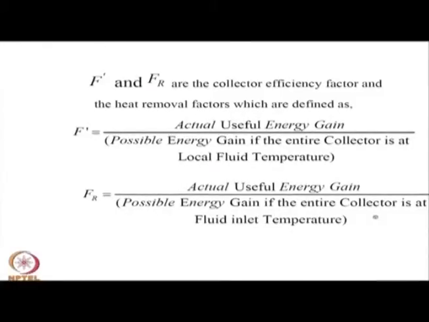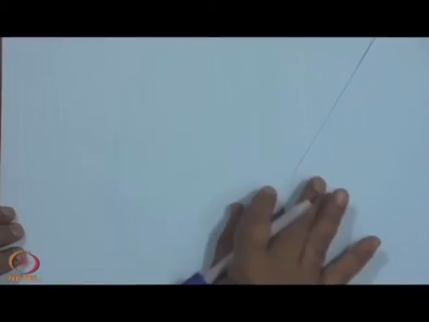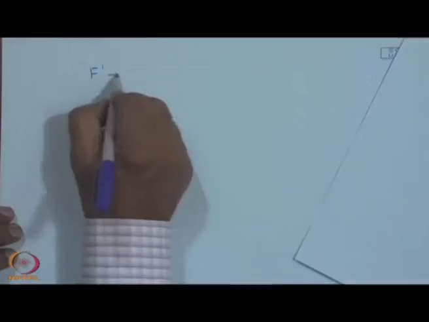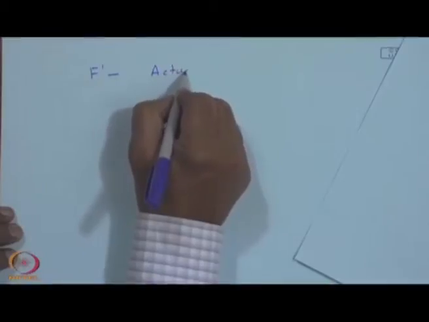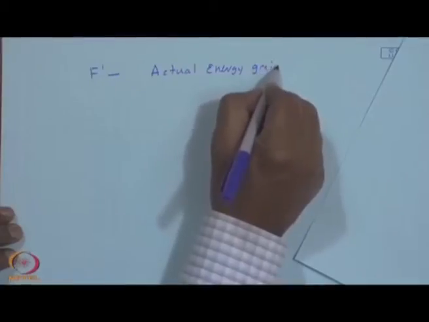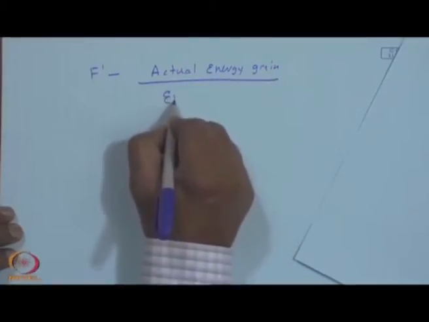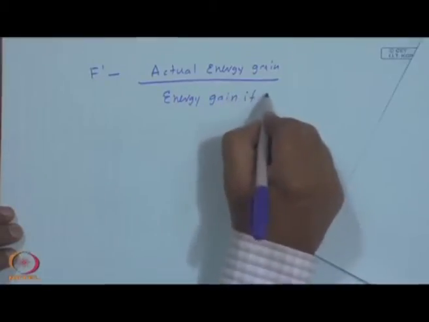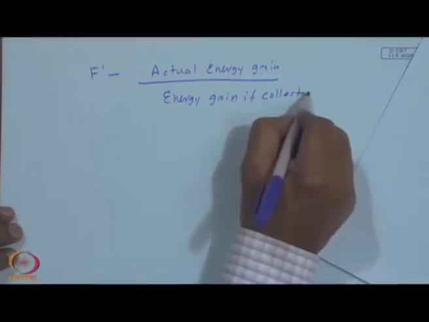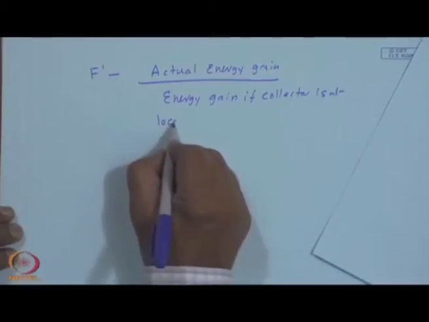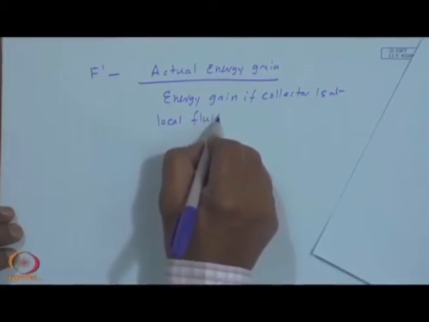So, we recall the definitions of F dash, the collector efficiency factor, and F r, the heat removal factor, as the ratio of actual energy gain, I write in brief, by energy gain if the collector is at local fluid temperature.